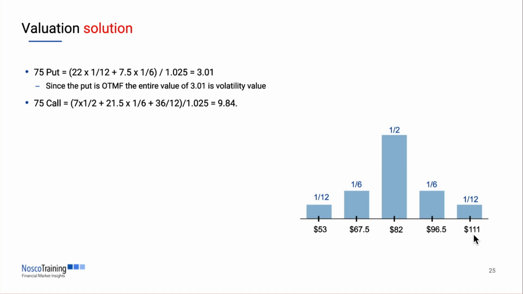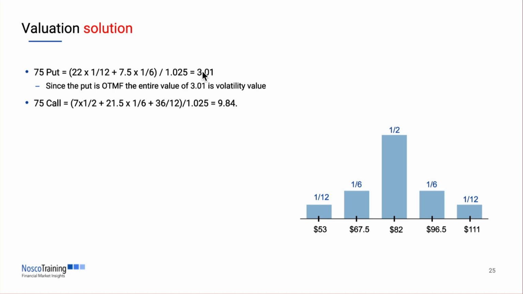If we end at 111, strike is 75. 111 minus 75, that's 36. That's the value then. Likelihood that we end there is 1 divided by 12. So if I add all that together and divide it by 1.025, I get the value of the option. The value of the option is 9.84. Good. I mean, we are not surprised. This is an in-the-money option that is much more valuable than the out-of-the-money put.